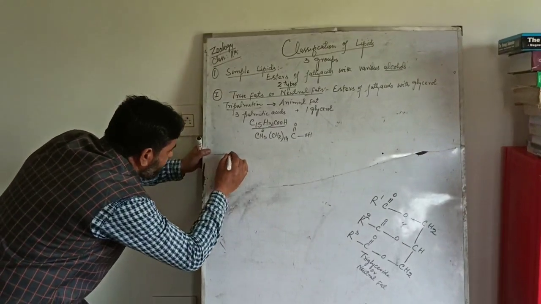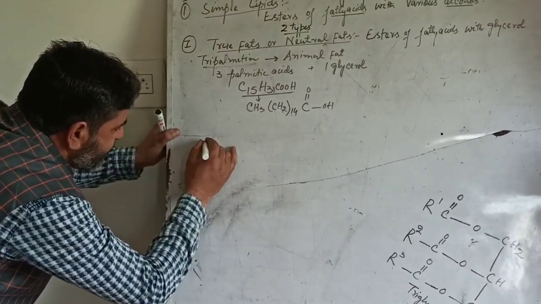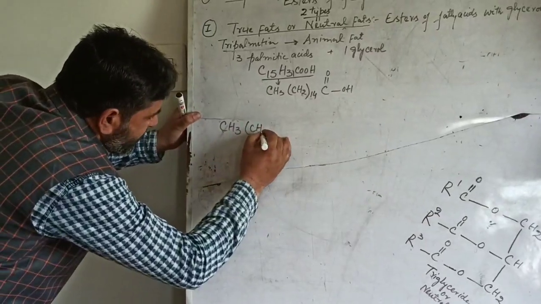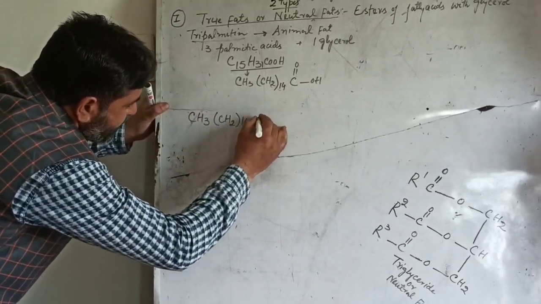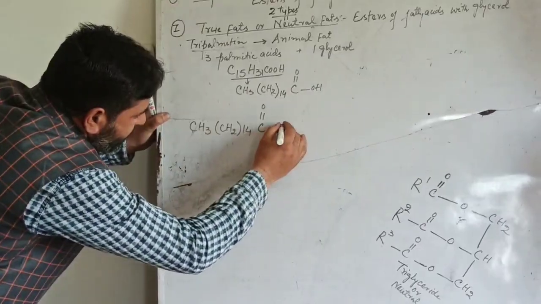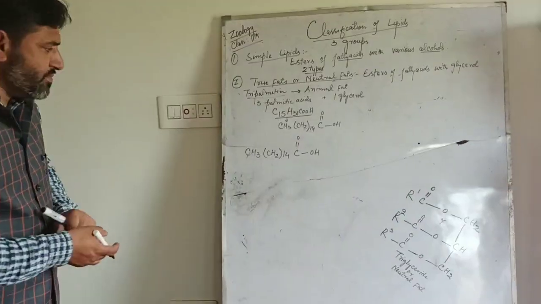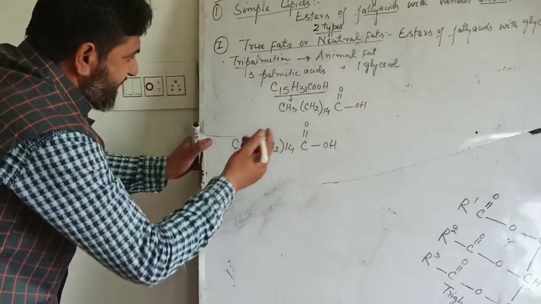Now we will take here 3 palmitic acids, CH3, CH2, 14 times. This is the carboxylic group. This is 1 palmitic acid.